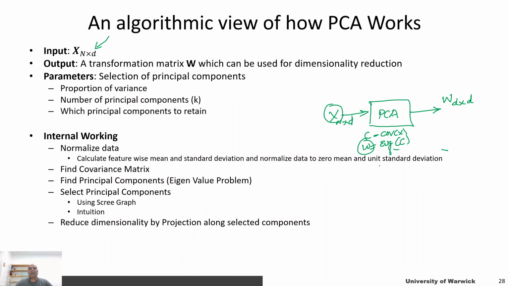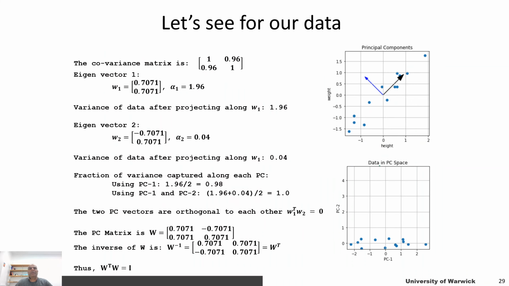So it's a really simple algorithm, really fast, and here we're going to see it in action, and I'll give you a Python notebook that actually implements this, so it should be easy for you to understand. Let's say we've got our normalized heights and weights over here, and we calculate the covariance matrix, which comes out to be 1, 0.96, 0.96, and 1.